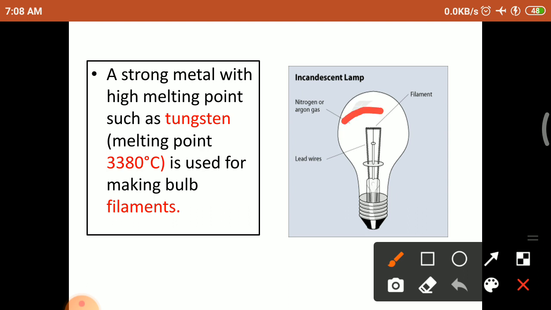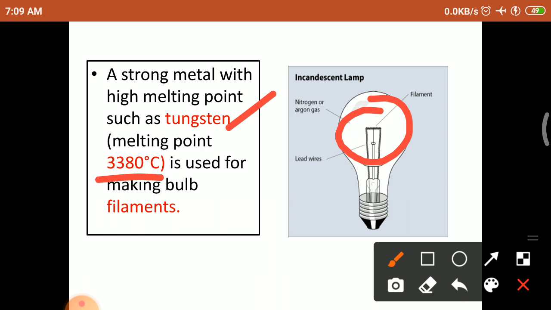So this filament is made of tungsten. Tungsten has a melting point of 3380 degrees Celsius, so it is used for making the bulb filament. Why? Because it has a high melting point.